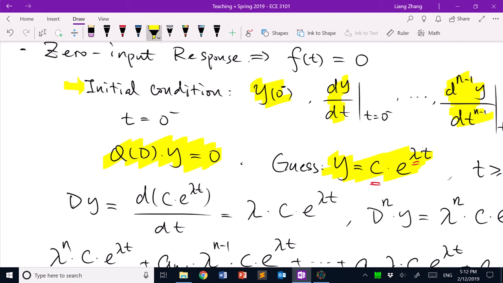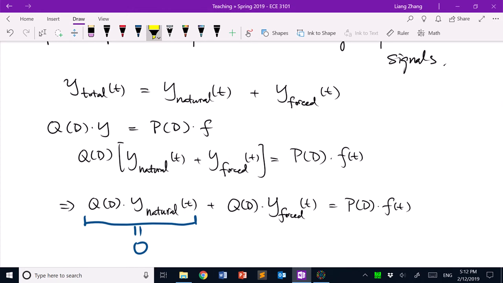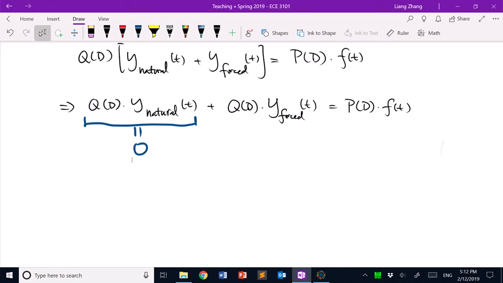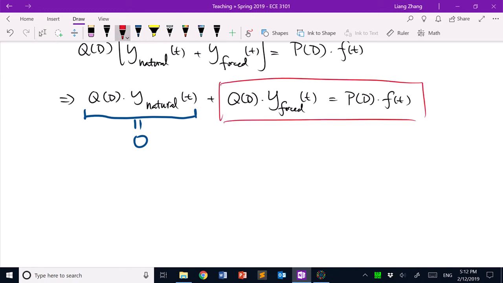Of course, this is a zero input response, which also only has the characteristic modes. So it's not surprising that we have the same term here. And if we go back to our discussion, since the natural response basically shares the same terms, qualitatively speaking, we'll have a zero term. Or in other words, we'll only have to care about these.